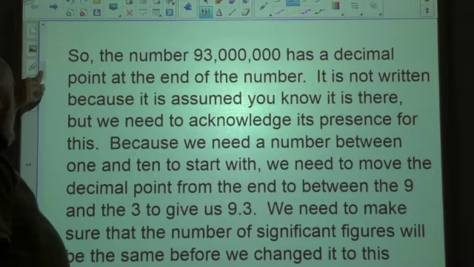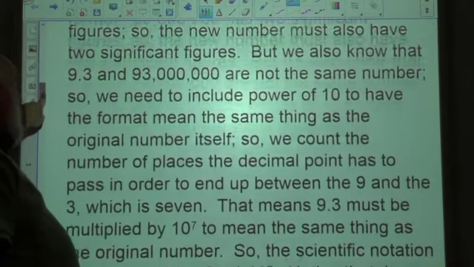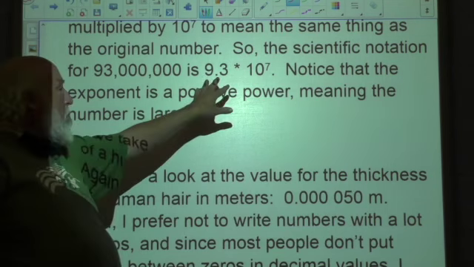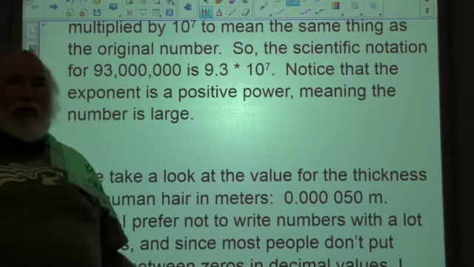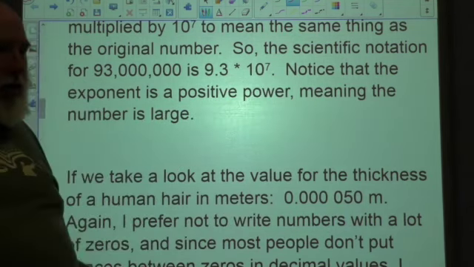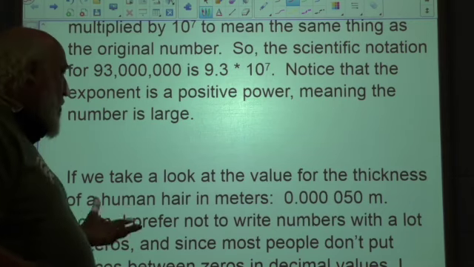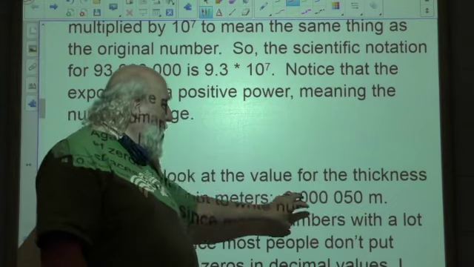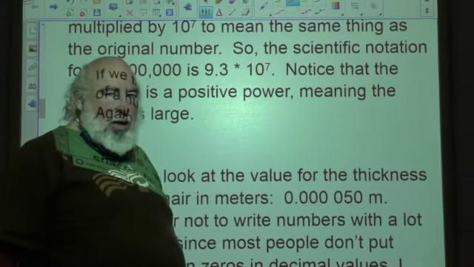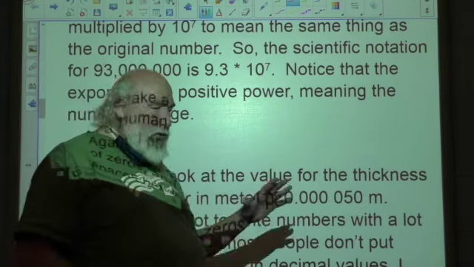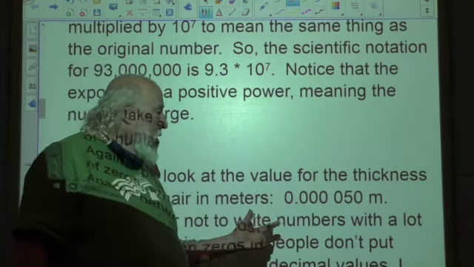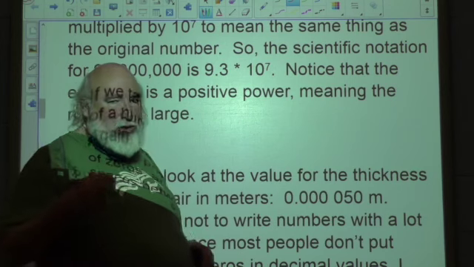So, when we talk about powers of 10, if you have a positive power of 10, you're dealing with a large number. And the same can be true for decimals, only now these are extremely small numbers. But again, we have a bunch of zeros in as placeholders. And if you recall from the rules of significant figures, a zero is significant in 2 places.